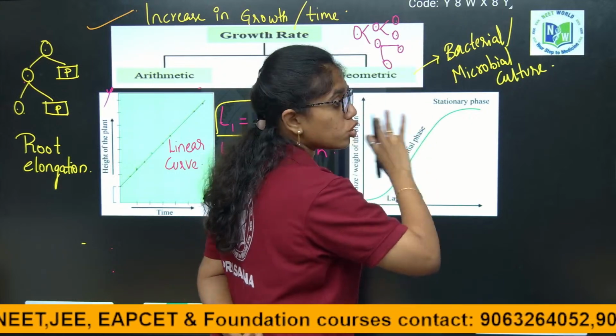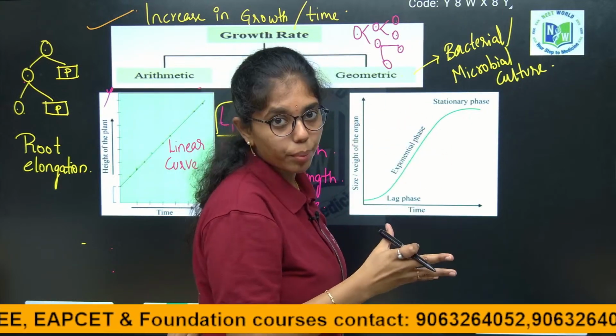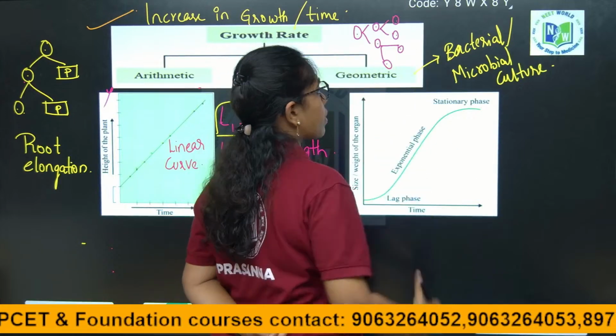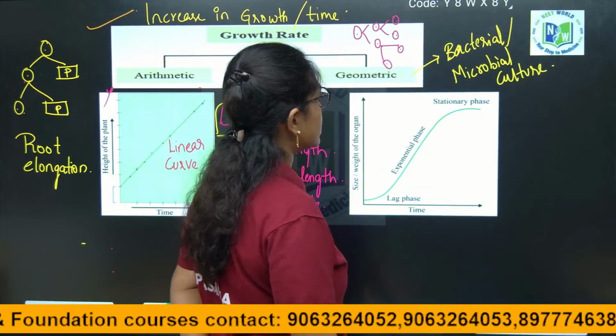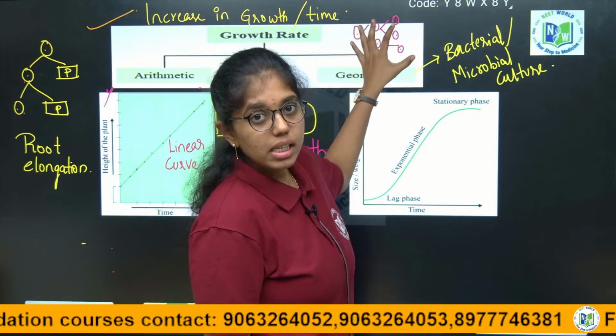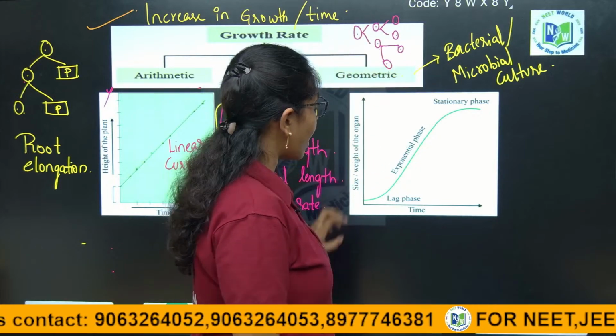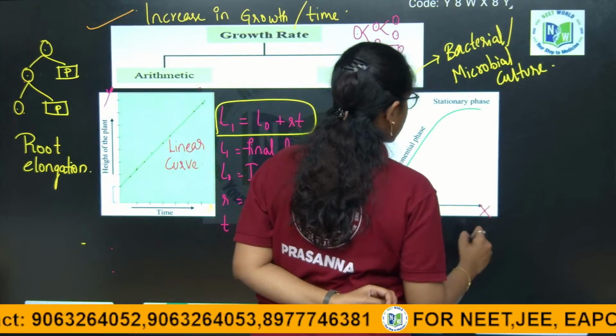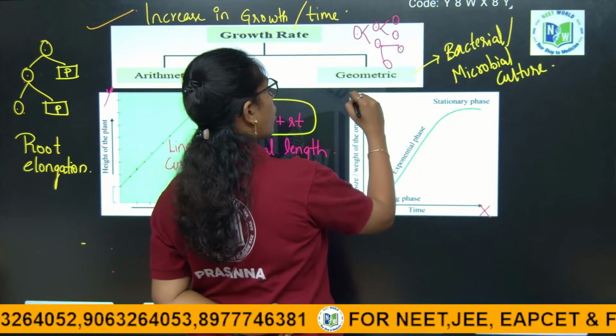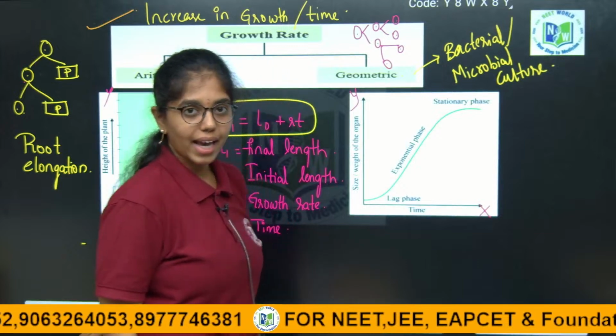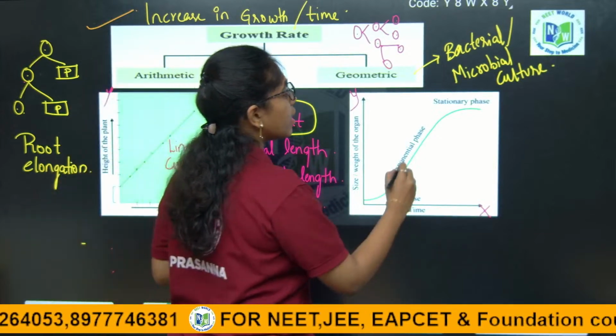Here there is no concept of a cell becoming permanent. Each daughter cell will give rise to two more daughter cells. This is how they increase in cell number. When this pattern of growth is depicted on a graph, taking time on the x axis and size or weight of the organ on the y axis, you will see a sigmoid curve.